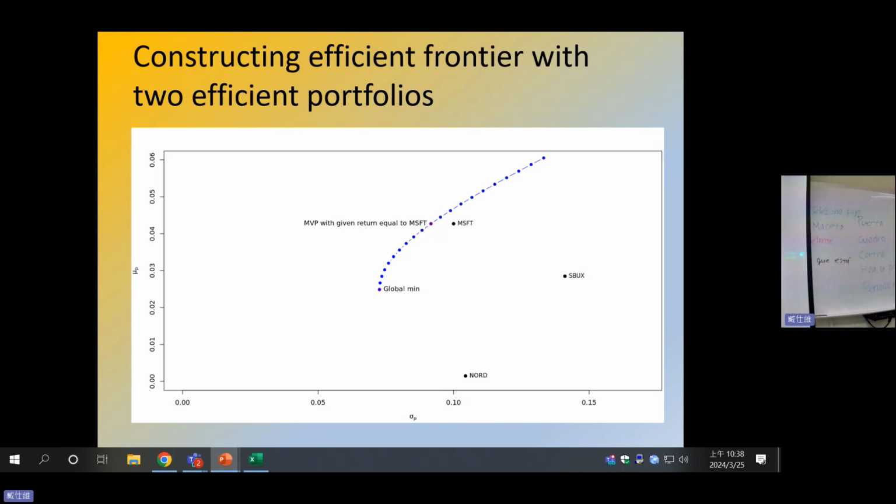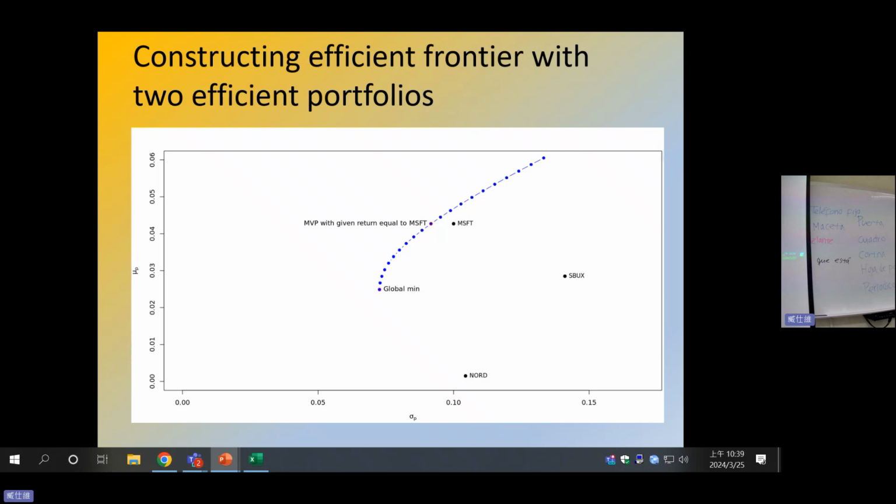Okay, so we have a global mean. So this is GMVP, and this is Microsoft. In this case, we set our portfolio return to be equal to Microsoft. So this is GMVP, this is M, and this is the MVP with a given return equal to Microsoft.